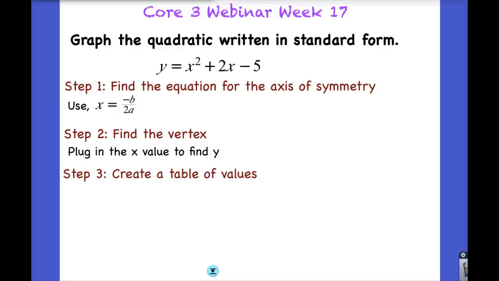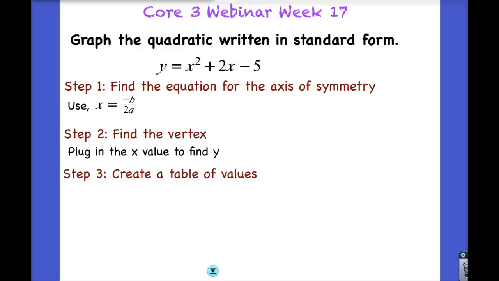Just remember to reply to somebody's discussion. You can even reply with what you learned, or post to your own discussion and say what you learned about writing a quadratic in standard form. Okay, thanks, Emma. All right, the rest of you guys, in your notepads, do step 1.